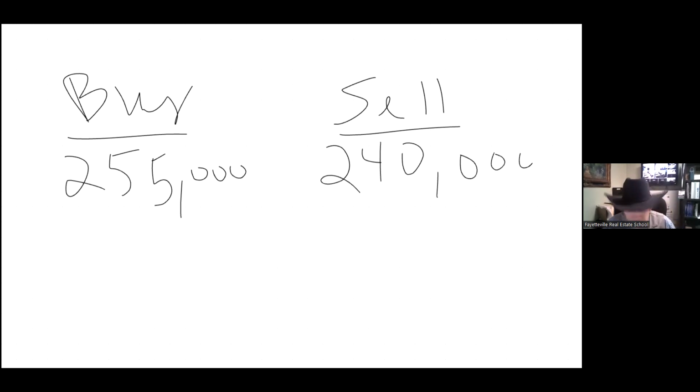All right, so we do the same formula again. New minus the old divided by the old times 100. So the new 240,000 minus the old 255,000 divided by the old 255,000. And we get times 100. You always have to do the times 100.